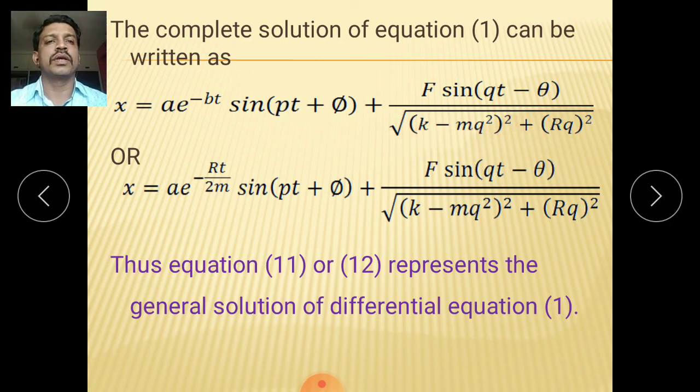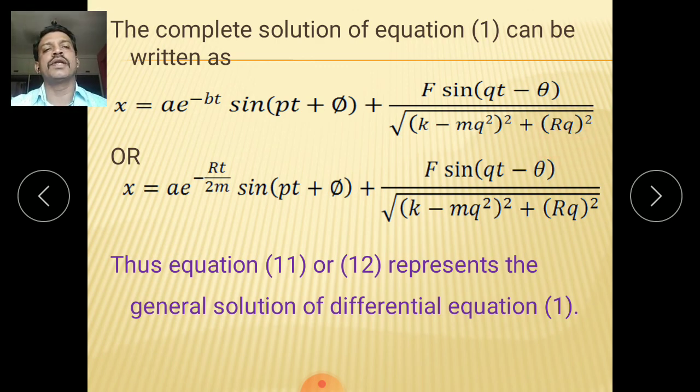So x equals a e raised to minus bt sin(pt minus phi), plus f sin(qt minus theta) upon under root [k minus m q square] square plus r square q square, or [rq] square.